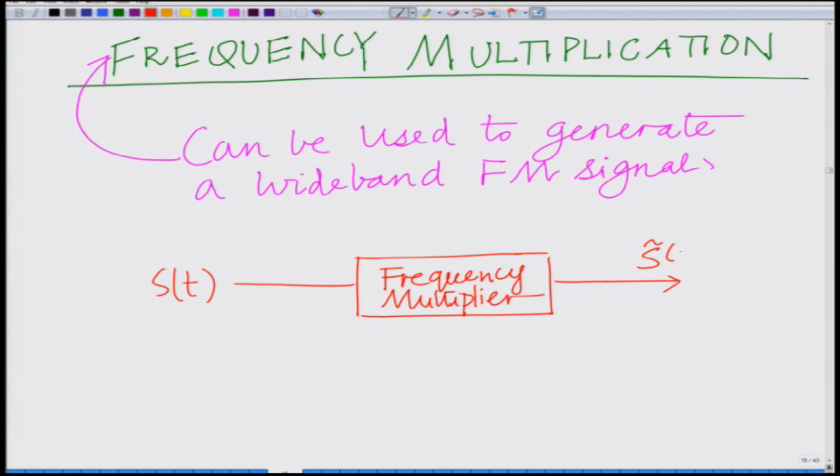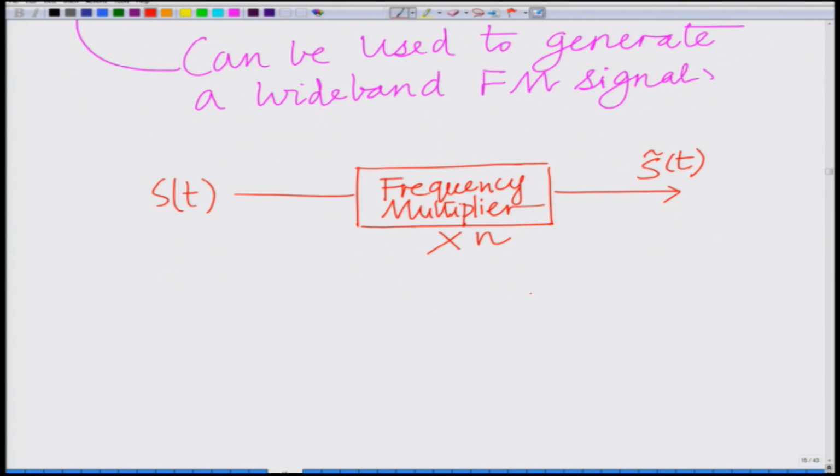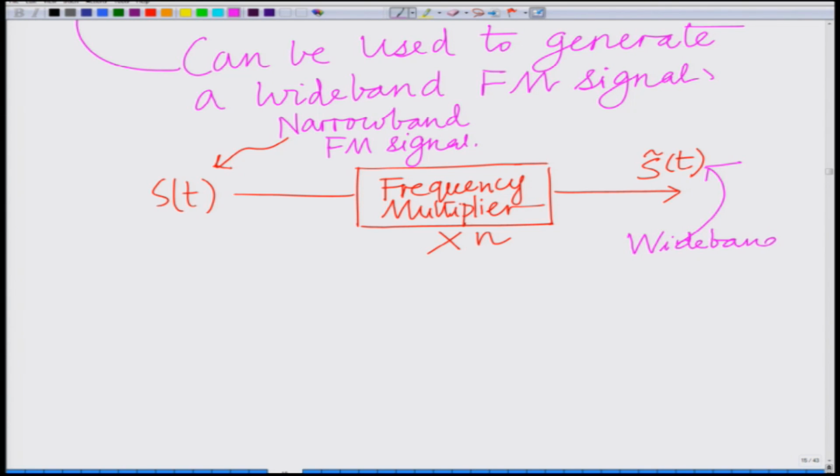And the output is S tilde t. So, this multiplies the frequency by a factor of n. So, we input our narrow band FM signal, and the output is the wide band FM signal.